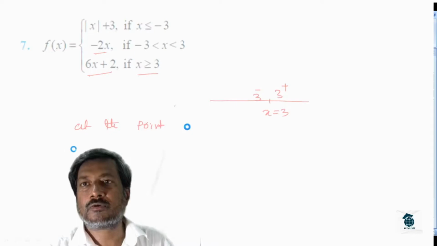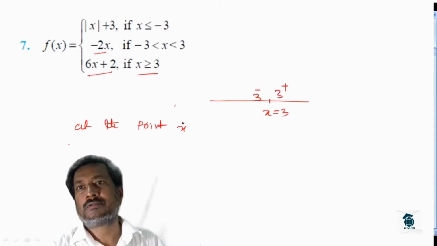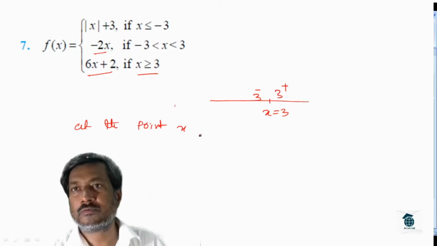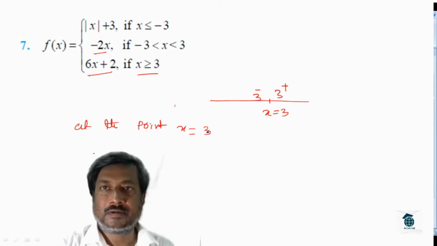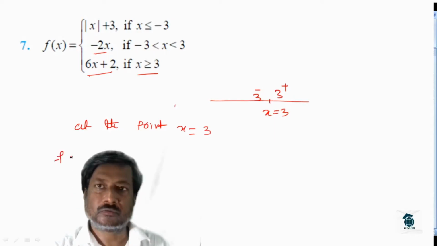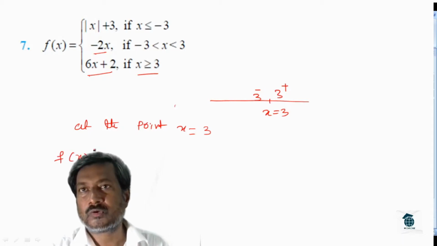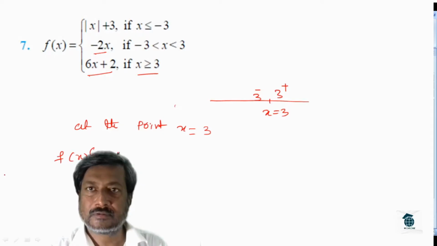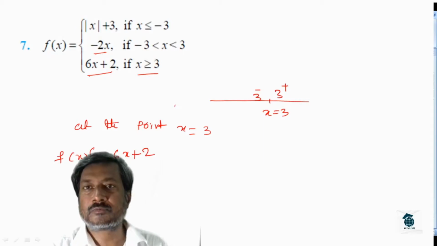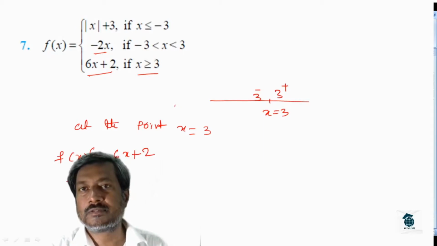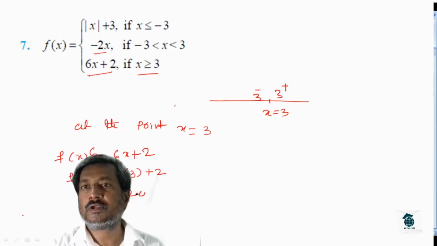So at the point x equal to 3, f(x) is 6x plus 2. Substitute x equal to 3, that is f of 3, this becomes 6 into 3 plus 2, so this value is 20.